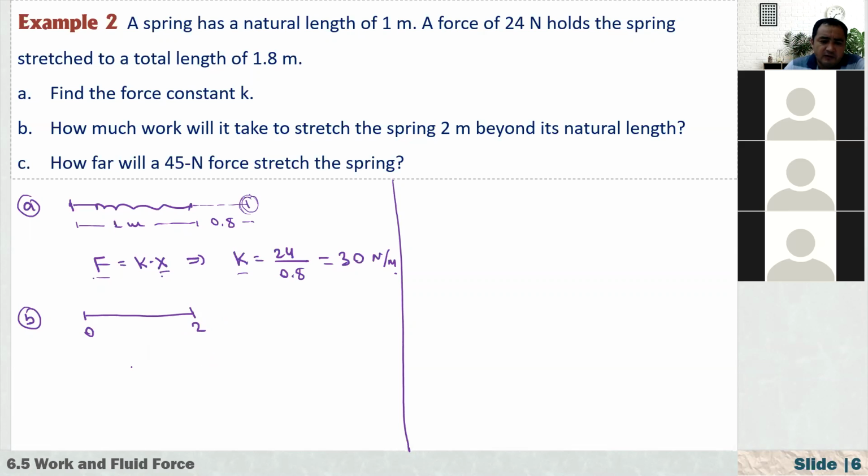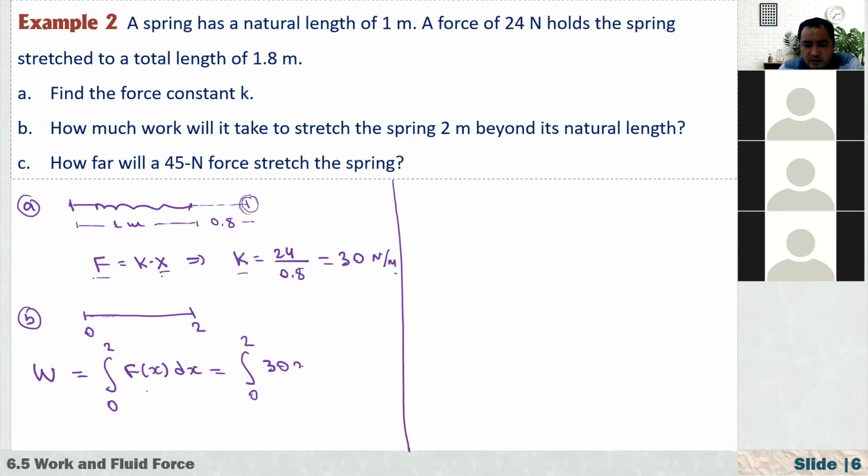And we know that work done is equal to an integral. Here the force at every point is different, but it's a continuous function. X is changing from 0 to 2, and here we have f of x dx. So that's equal to the integral from 0 to 2. What is f? We know the spring constant is 30.